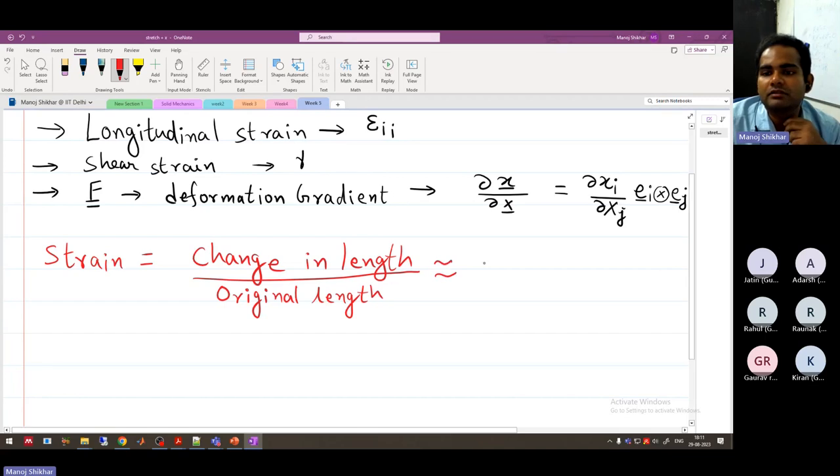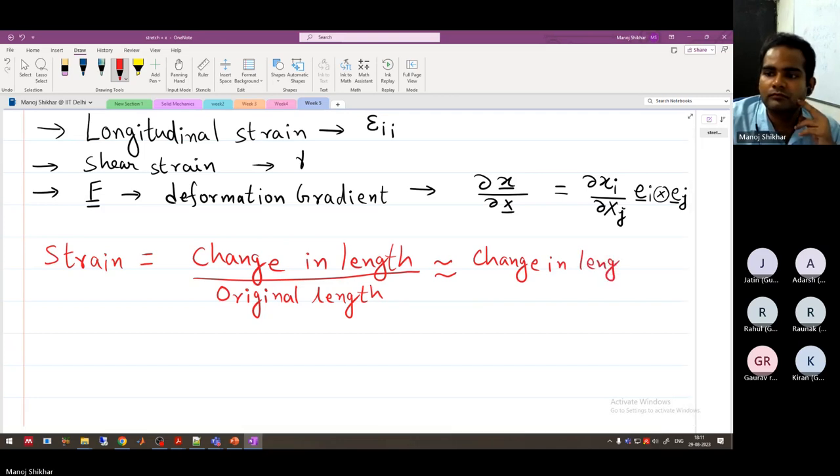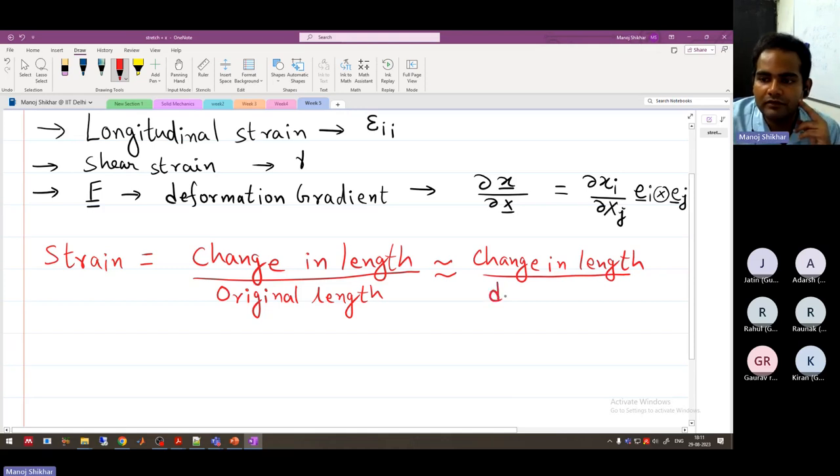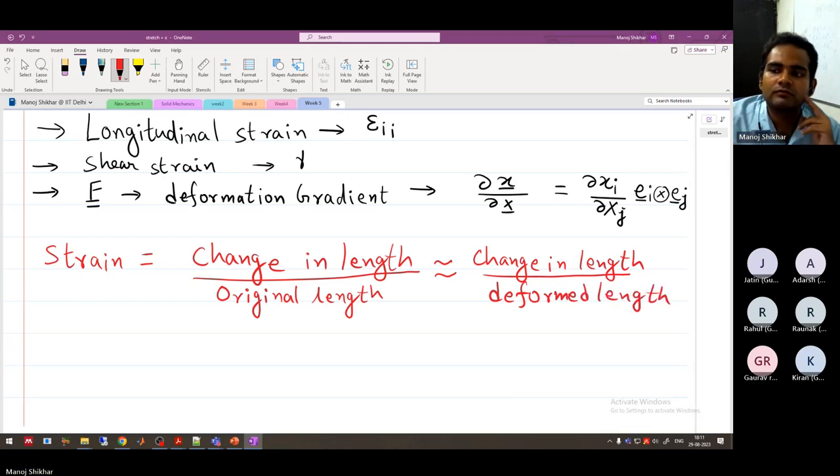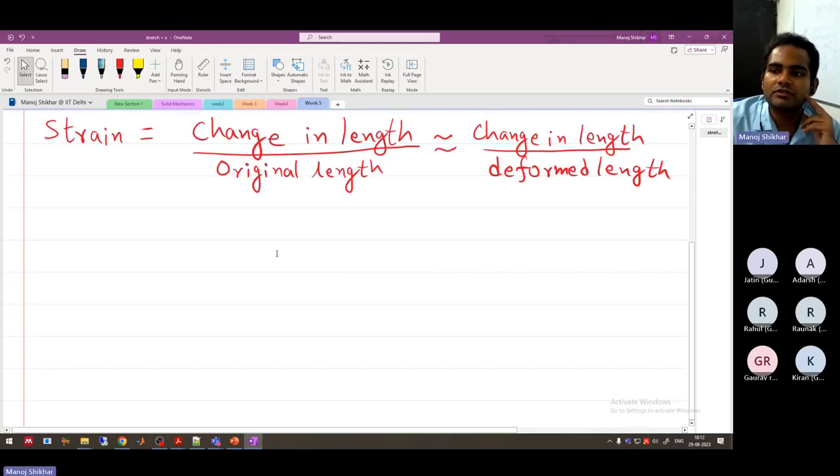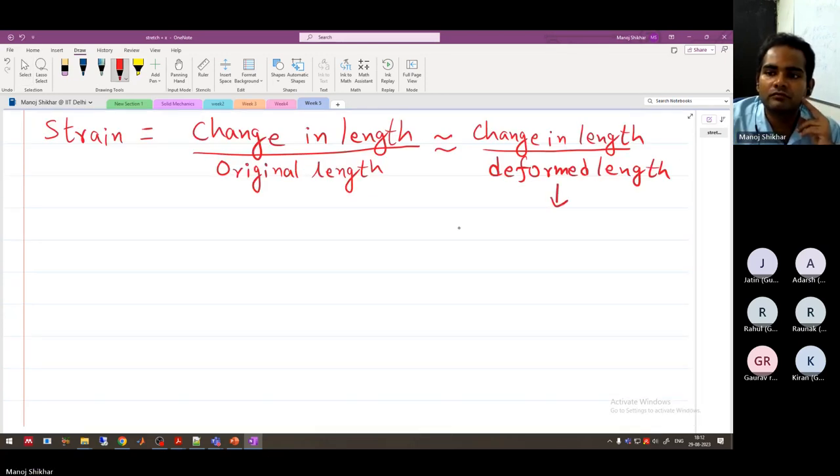Or you can write it as change in length by deformed or final length. I will write it as deformed length because sir has used that terminology. This condition is true if change in length is very small.